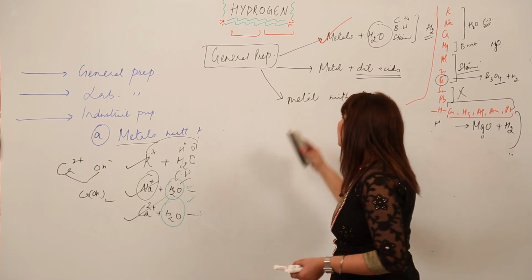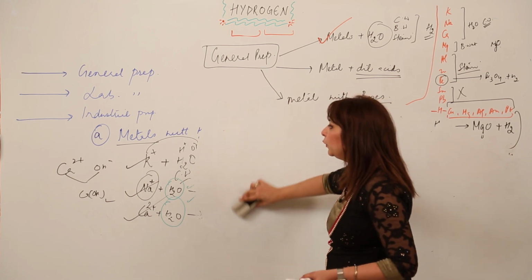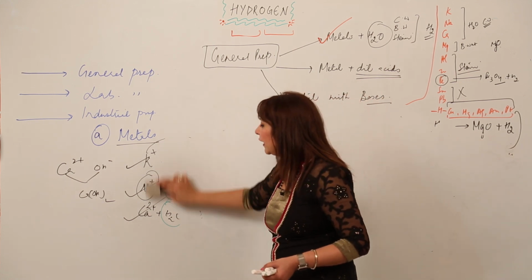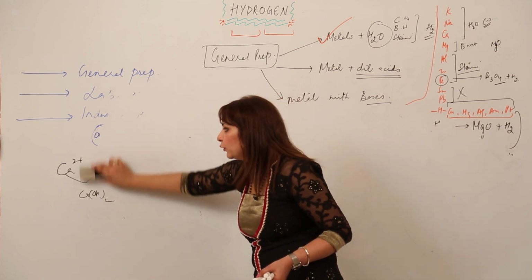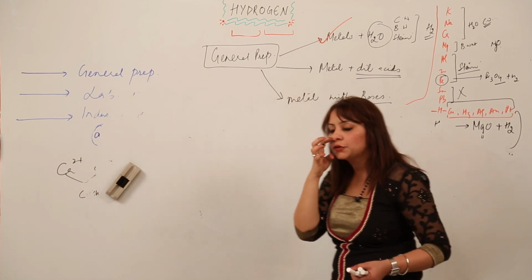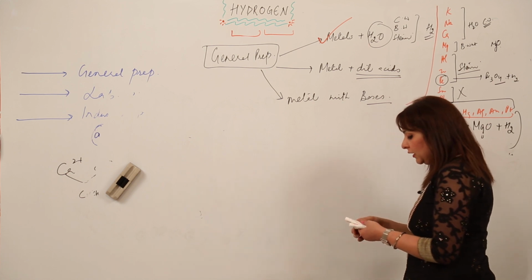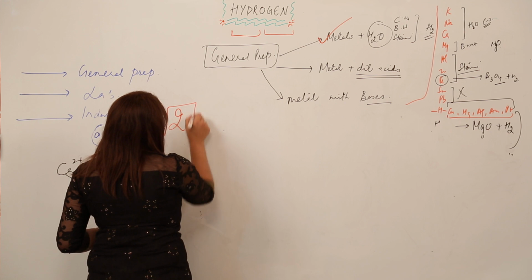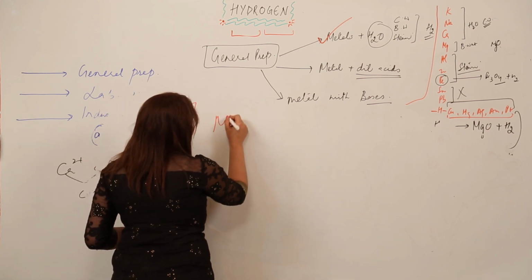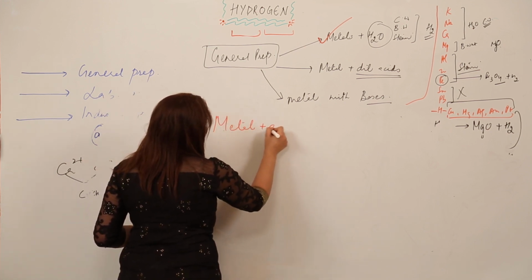Similarly, in this case they will combine with the radicals, like chlorides, fluorides, bromides, leaving hydrogen aside. That means they will lead to the formation of hydrogen as well. I am stating this with an example. So the second general preparation we are studying is the reaction of metals with dilute acids.